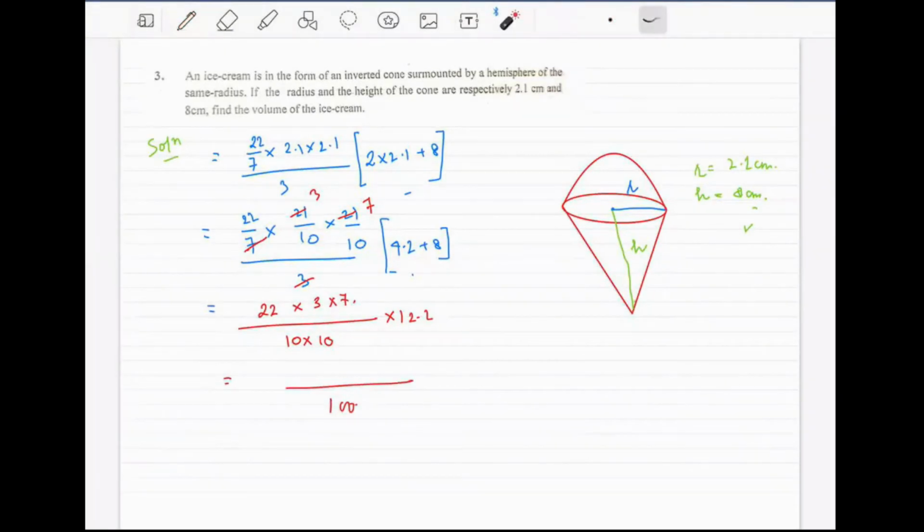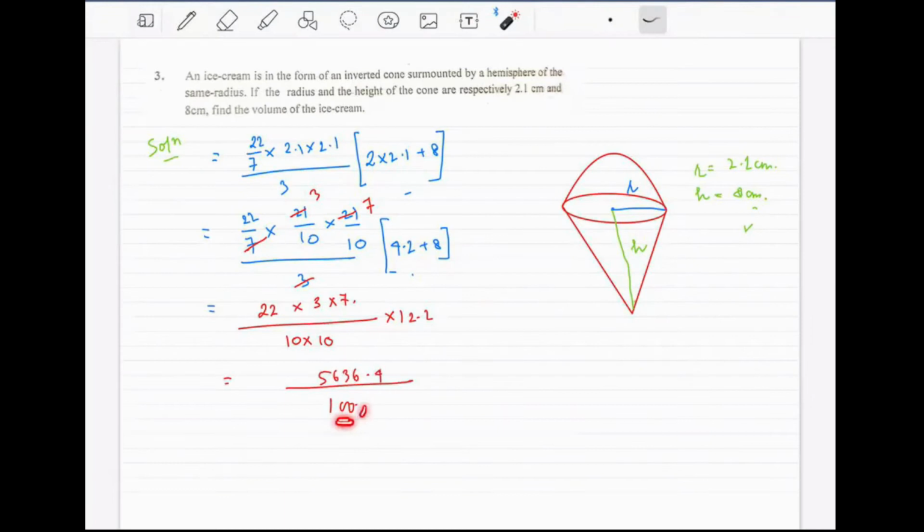So multiply the numerator part. This is going to take long, so just let me multiply on the side, 22 and 21 and 12.2. So numerator we will have 5636.4.